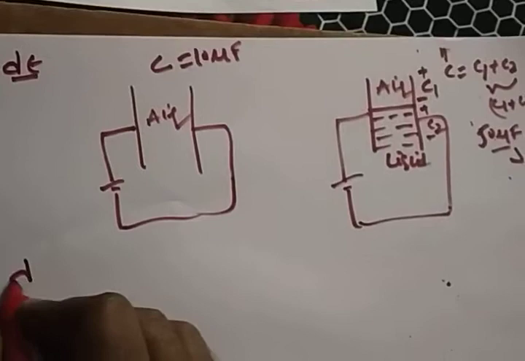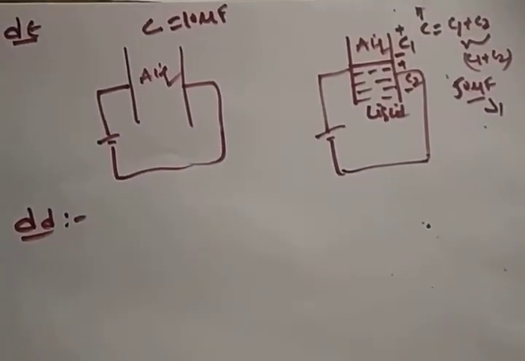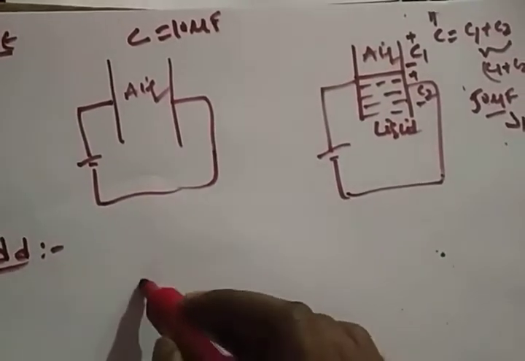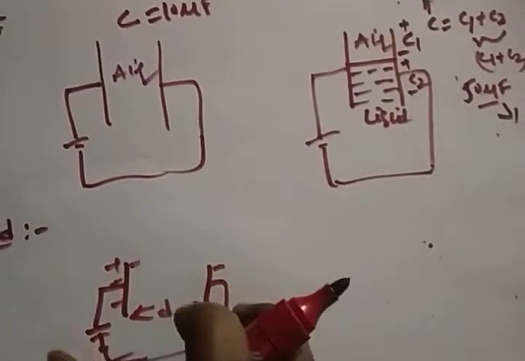Now we'll discuss the change in the distance value. If you change the distance also, your capacitance will change. These two are the plates, and you are applying a voltage. The charge will be accumulated here. So this is the distance.